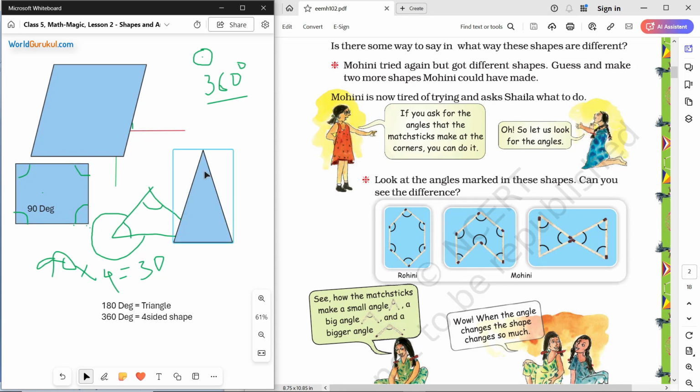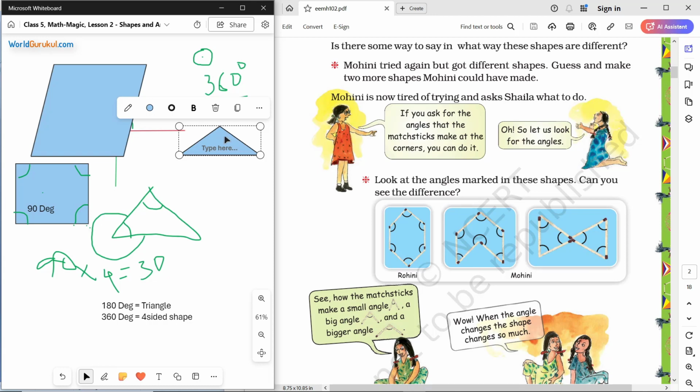The inside angle of this triangle is a small angle, and you can say these two are big angles. And in this, if I stretch it like this, these are small angles, and the top one is a bigger angle, right?